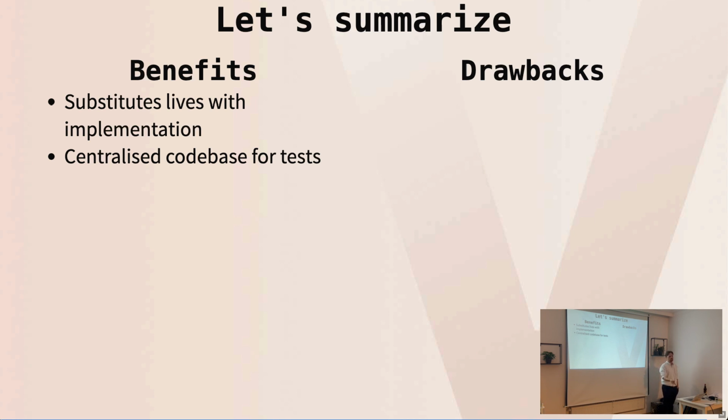And when you update your one test, you see that your substitute is no longer compatible with the implementation. So you are forced to update your substitute. As a result, you have the implementation, substitute, and one test updated.